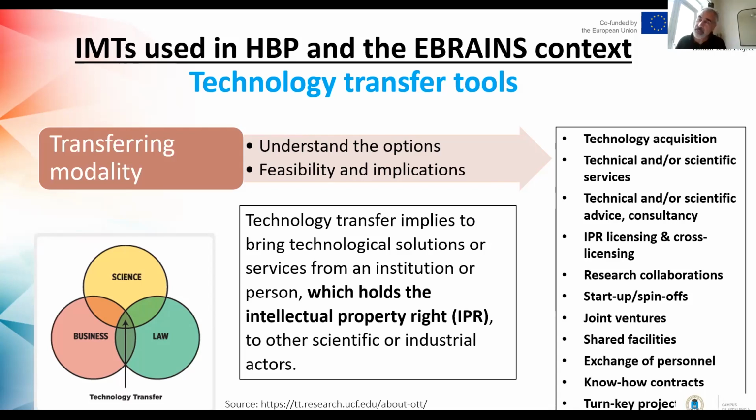You can also provide consultancy or scientific advice or services, scientific support. It is another way of transferring knowledge, transferring technology to a third actor. By licensing, we are also transferring rights to exploit something.